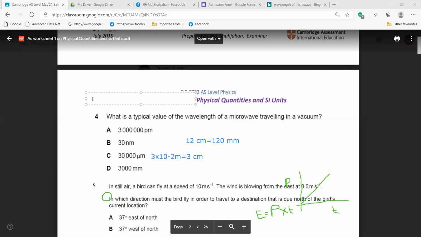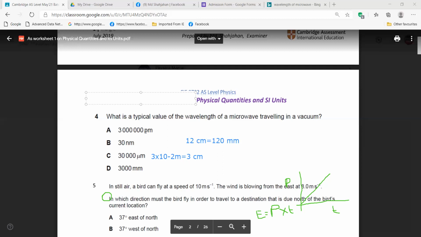It's a very big number. Yes, sir, 30 is not matching. Then what about the picometer one? Does it match? Pico means 10 to the minus 12, which is also very far.